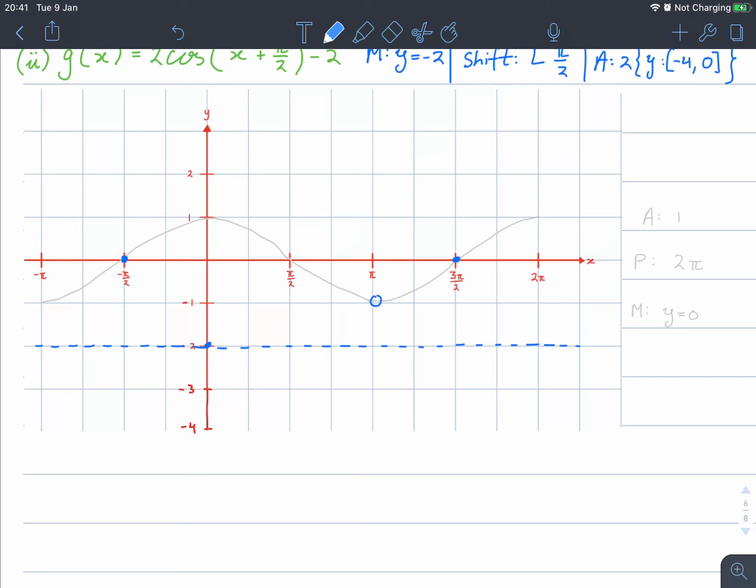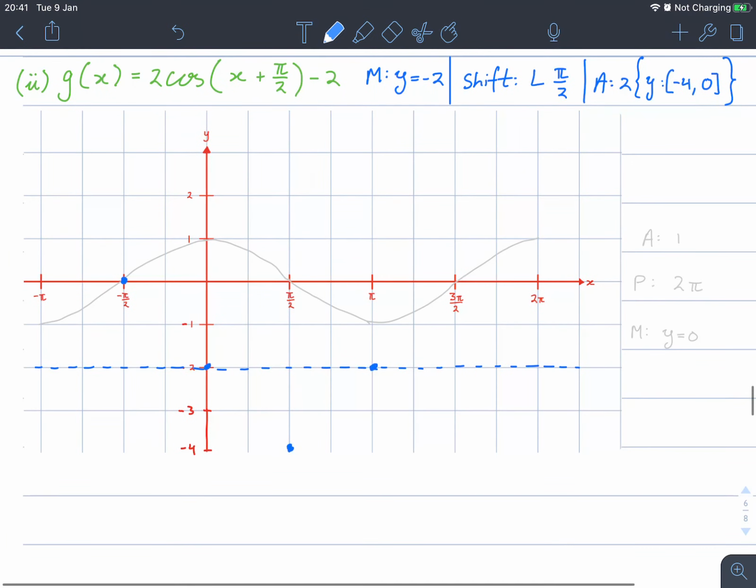So this lowest point here is now at this point. This intercept here should be along the mean value here, but moved to the left. So it is now going to be here. This highest point has been shifted to the left by the same distance of pi on 2 to here.